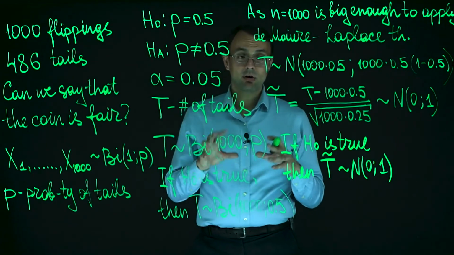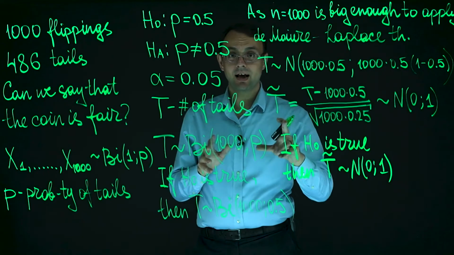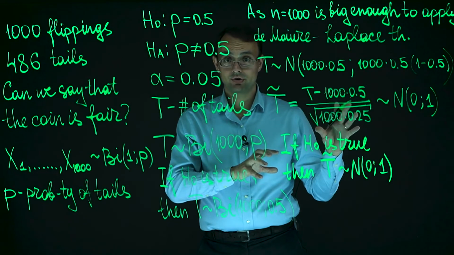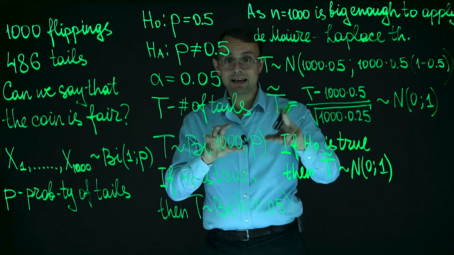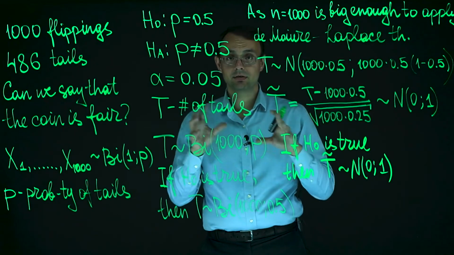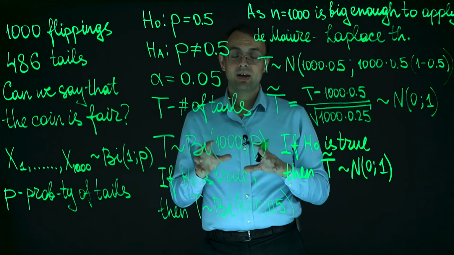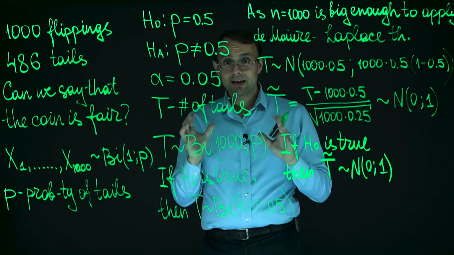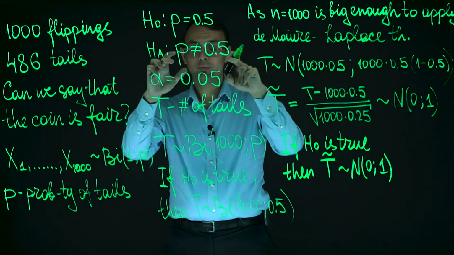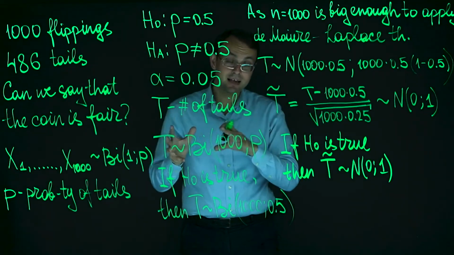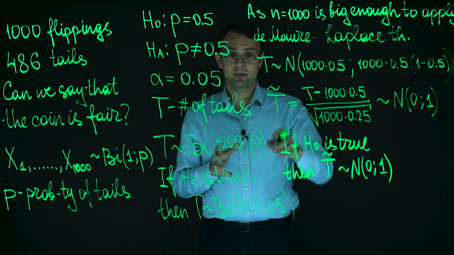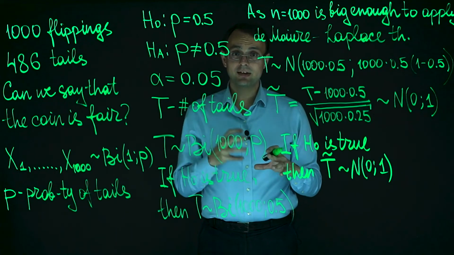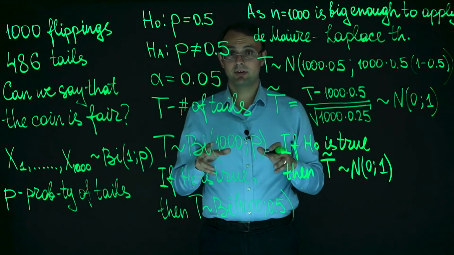So if only positive values of T tilde are in favor of the alternative hypothesis, then we have a right-sided critical region. If only negative values of T tilde are in favor of the alternative hypothesis, then we have a left-tailed critical region. And if, as in our case, both positive and negative values of the test statistic are in favor of the alternative hypothesis, then we have a two-tailed critical region.